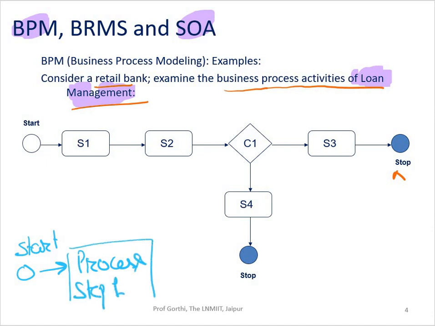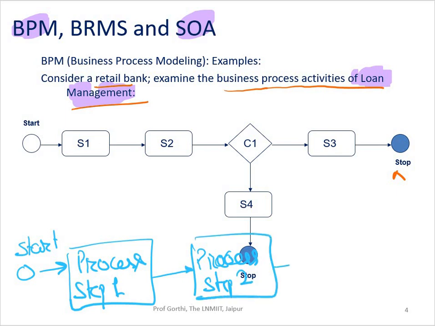Something can be there, right? What is there, we'll see. We can have a process step 2, and so on and so forth, so we can have a process step N.